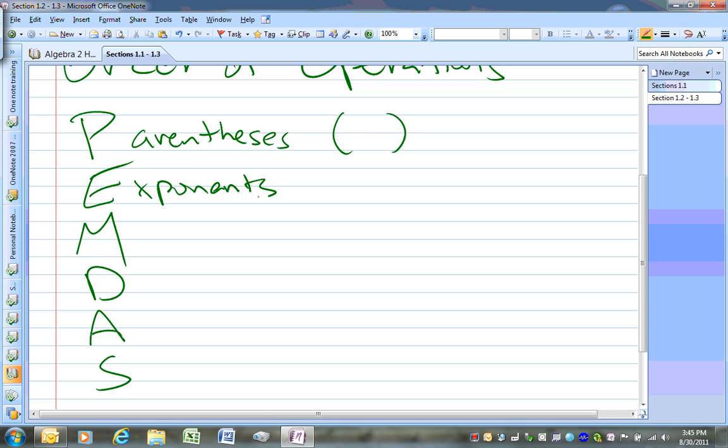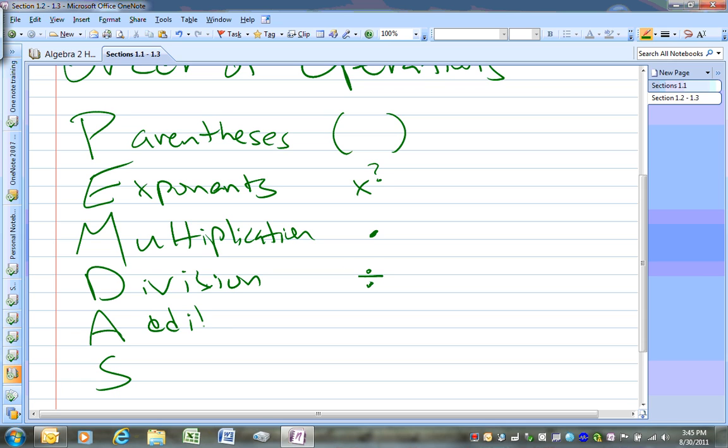The E stands for exponents. M is multiplication. The D is division. A is addition. And the S is subtraction. So that represents the order of operations.